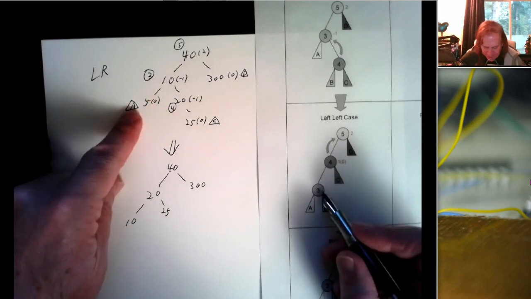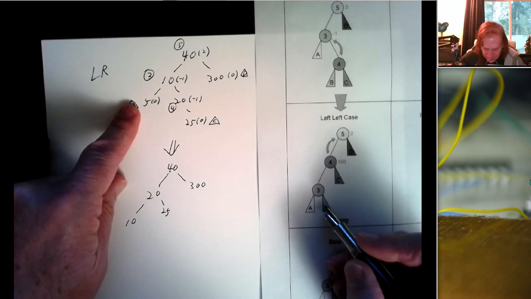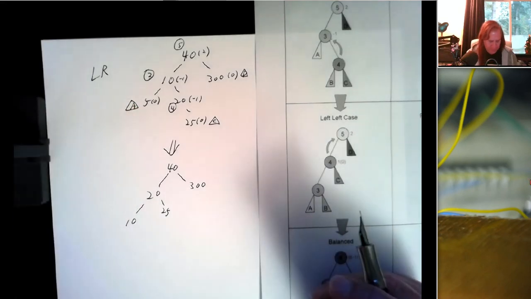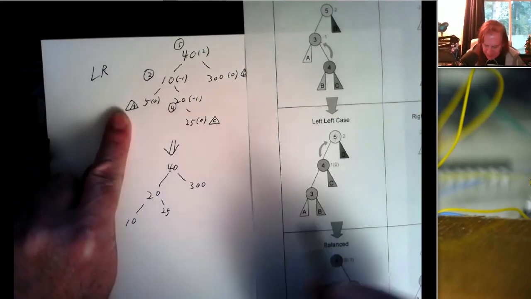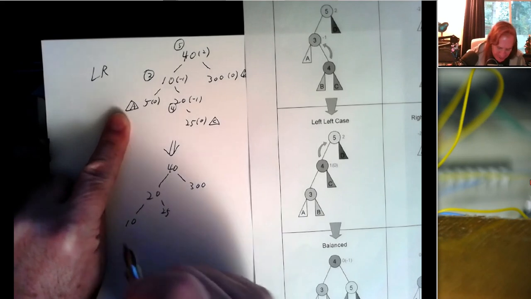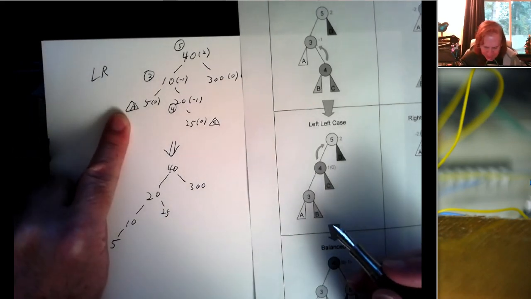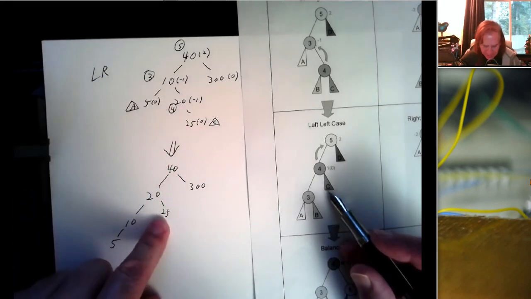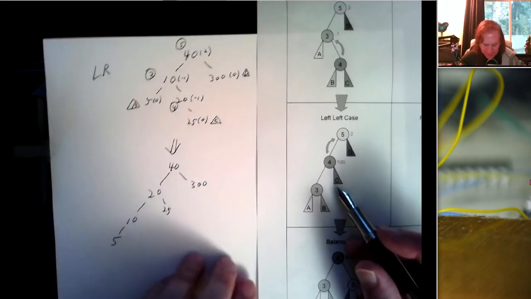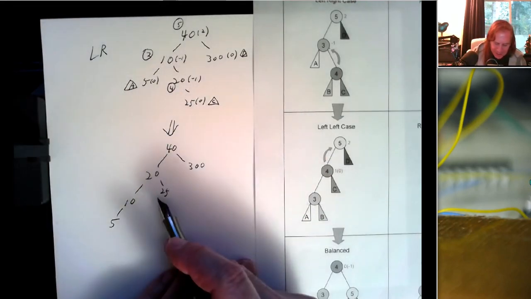And then subtree A will continue to be on the left of 3, so subtree A was just our 5. Subtree B didn't exist. Subtree C we put to the right of 4, and subtree D is still to the right of 40. So we've changed it from this original left-right case into this case.